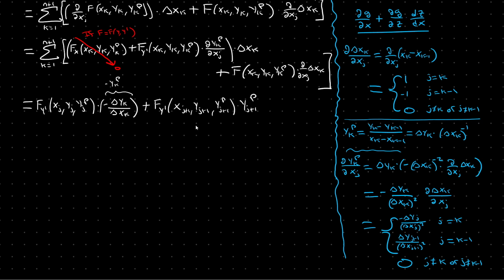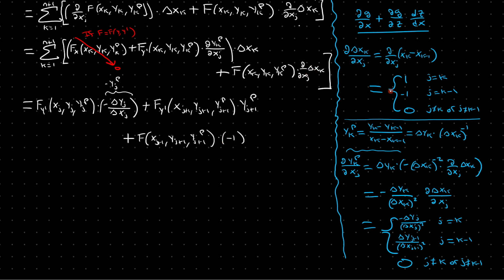And for the second term, you have plus f of xj, where j equals k minus 1 here, or k equals j plus 1. So xj plus 1, yj plus 1, yj plus 1p times the derivative of delta xk, which is 1 when k equals j and negative 1 when j equals k minus 1. So this will actually be, this value is negative, so times negative 1.